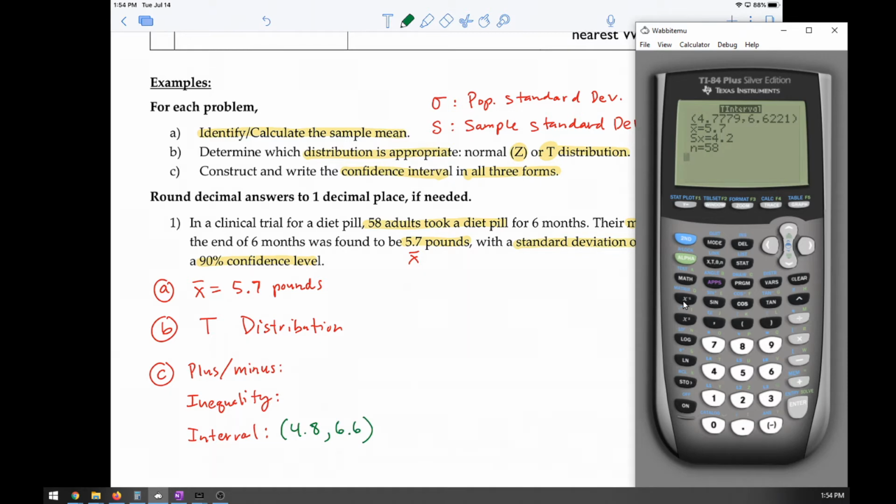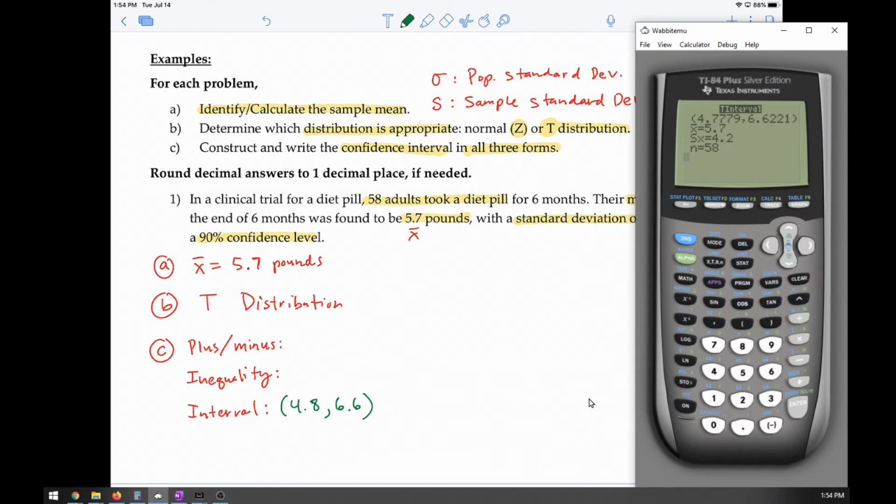From the interval form, it's very simple to get the inequality form, because the format is just lower less than the mean less than upper. Here it's mu, because we're dealing with the population mean. So the lower would be 4.8 pounds and the upper would be 6.6 pounds.